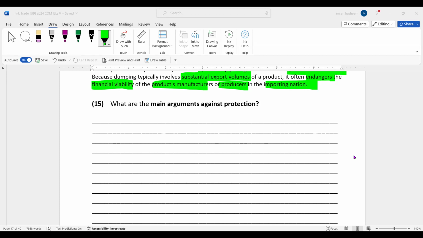Then, second point, please write: higher consumer prices.